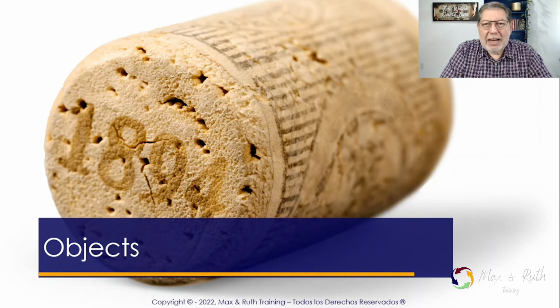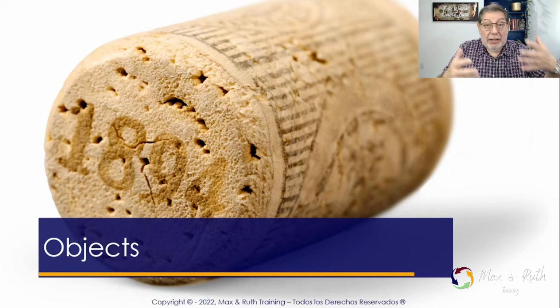Objects, day-to-day objects, are wonderful. A cork, if you want to talk about history, and then you can relate it to the great Portuguese navigators that explored the earth, like Vasco da Gama.